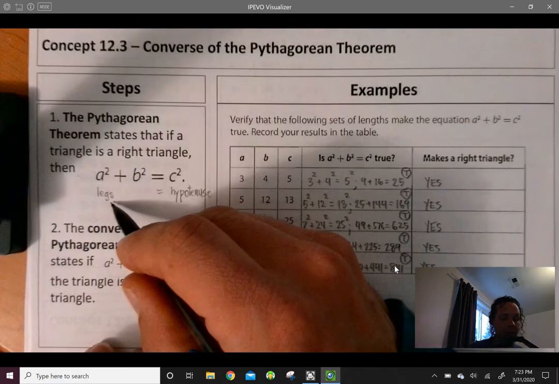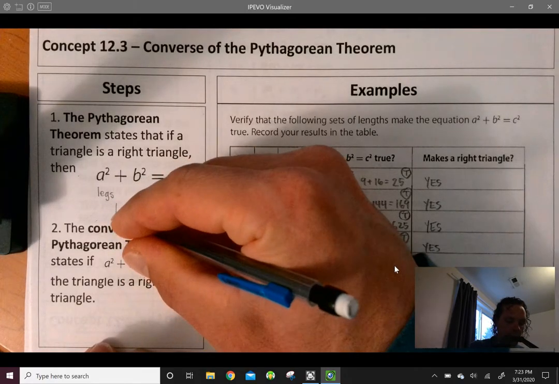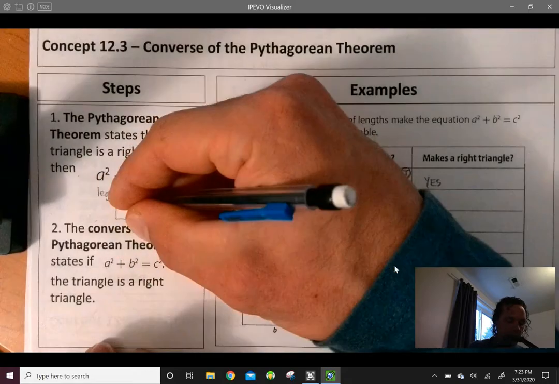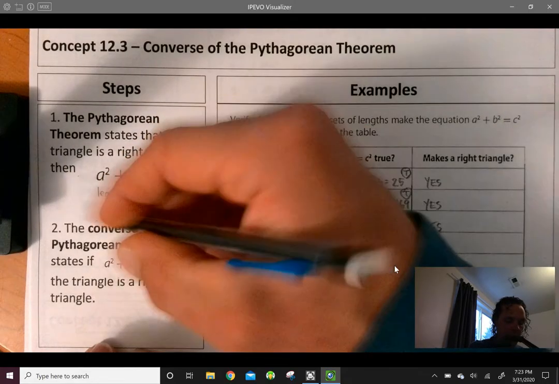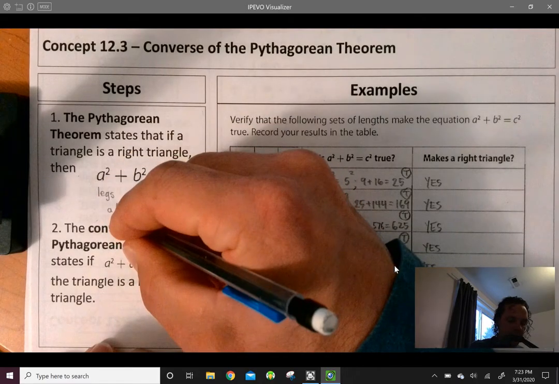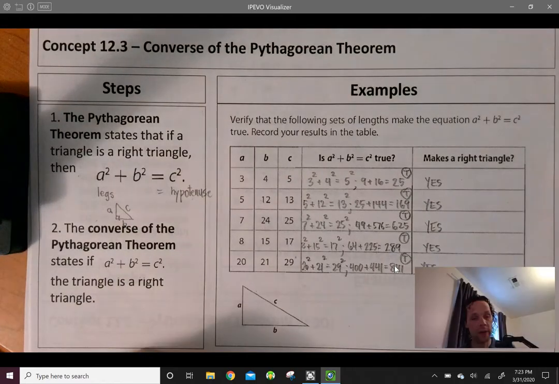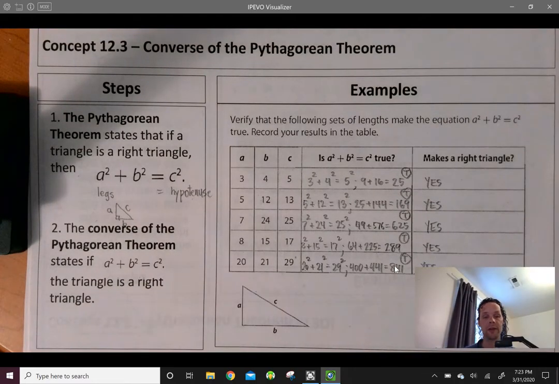Okay, the legs are adjacent to the right angle. So again, it looks kind of like this. Right, your right angle's right here, sides A and B, it doesn't matter which one's which. And then C is the hypotenuse over there. Okay. Well, the converse of the Pythagorean theorem states that if a squared plus b squared equals c squared, the triangle is a right triangle.